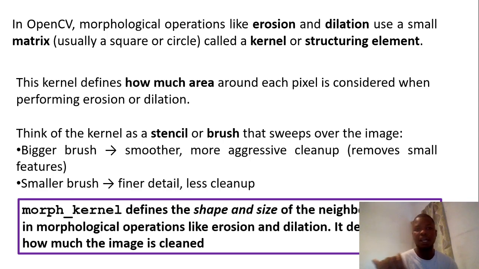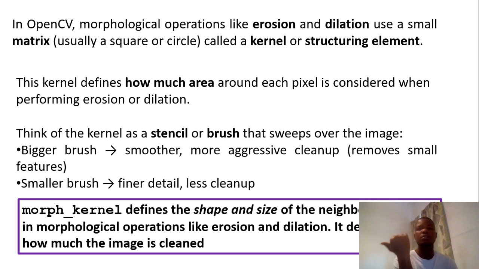Well, this is just basically what I said. Erosion uses a kernel, so it's more like a stencil and a brush. You sweep over the image. If we are going to use a 10 by 10 kernel, that's a larger kernel, which means you are using a bigger brush, right? It's going to take a bigger chunk.